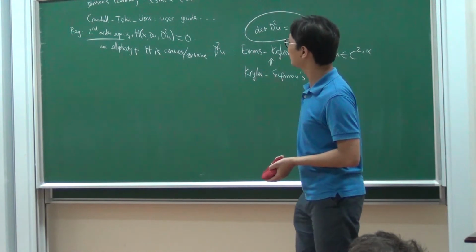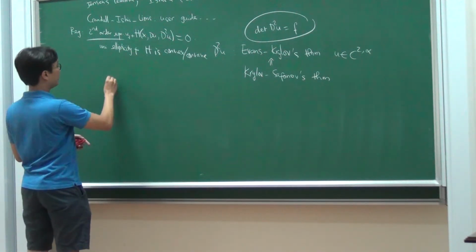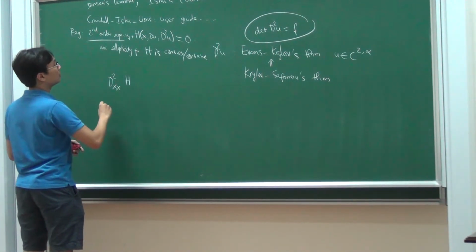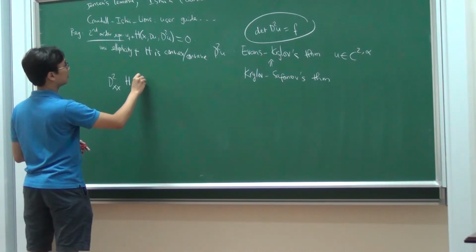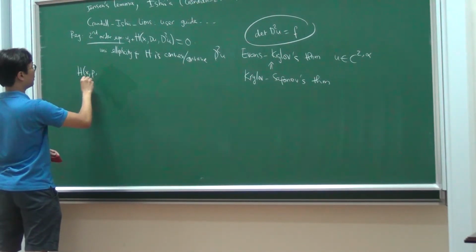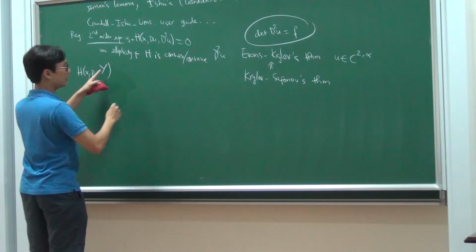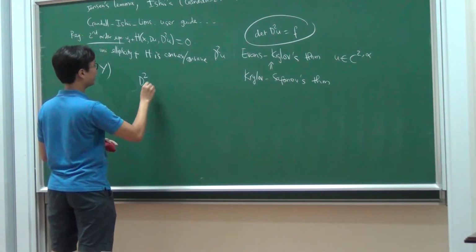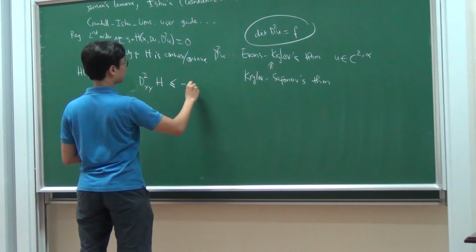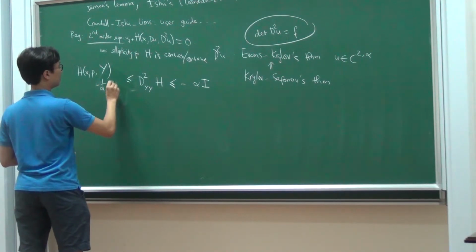What is ellipticity? Ellipticity means, in the general sense, that if you differentiate in the Hessian slot, let's say H(x, p, X), then D squared in X of H is going to be between minus alpha times the identity and minus 1 over alpha times the identity.